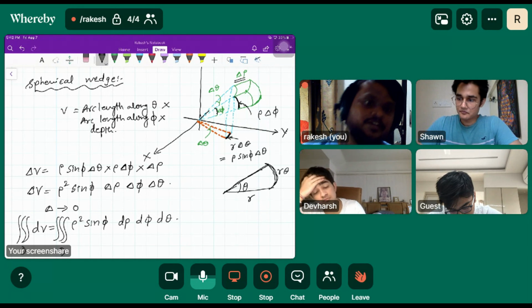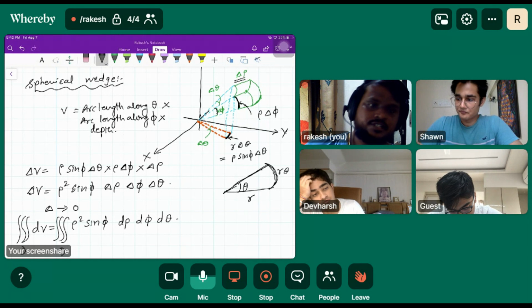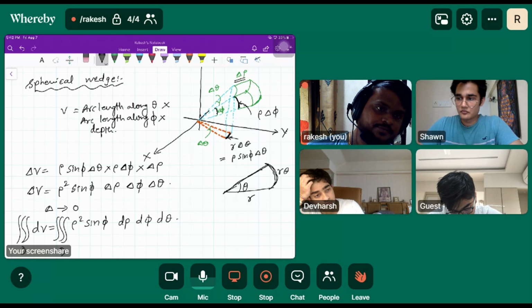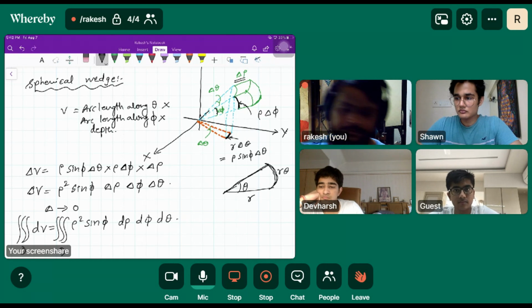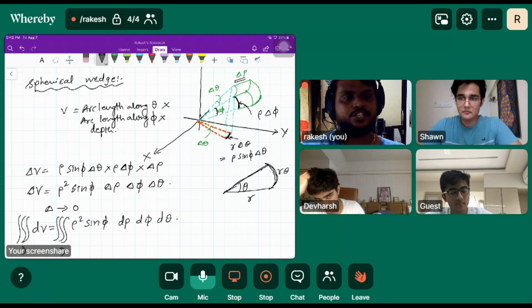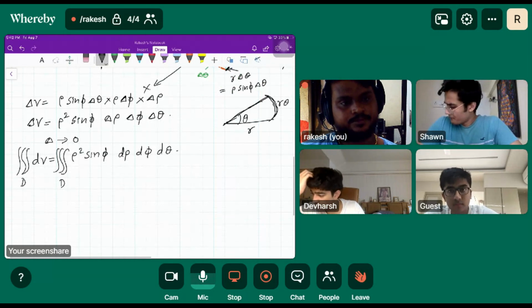That's why we have to understand this spherical coordinate system. It will ease out our triple integration.